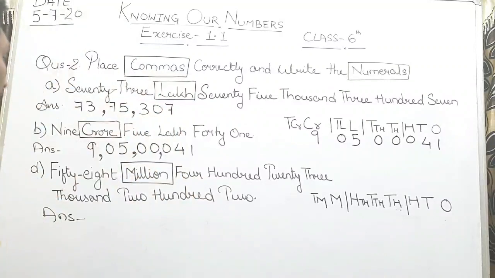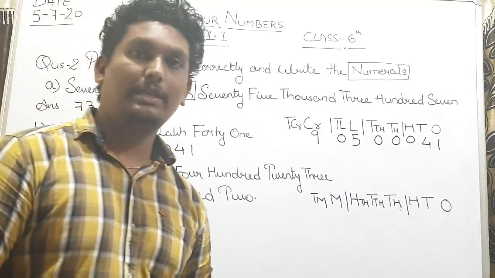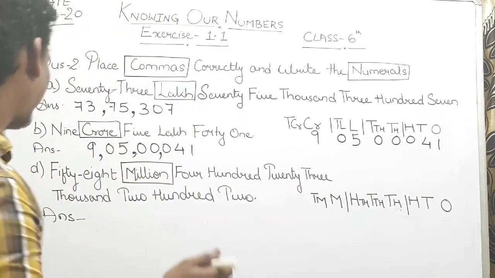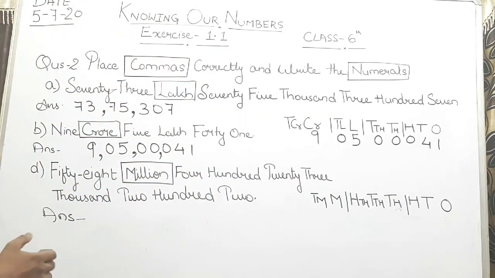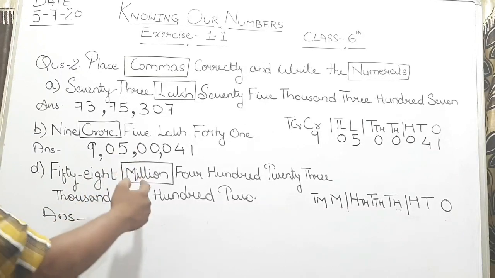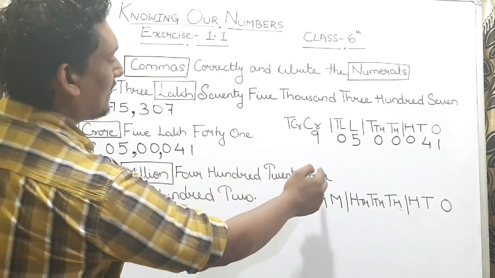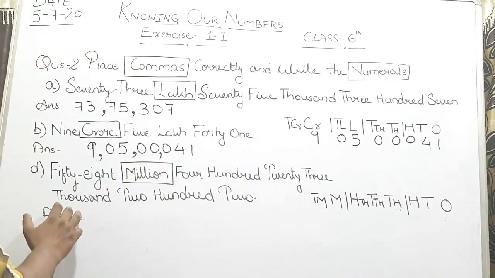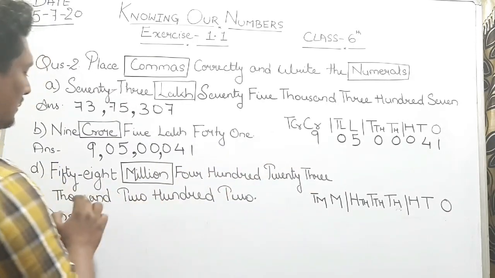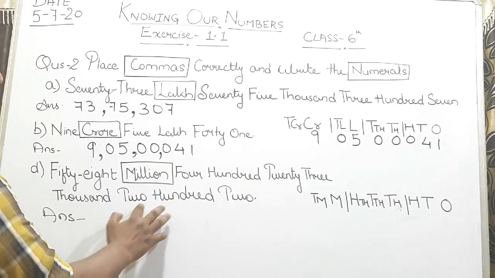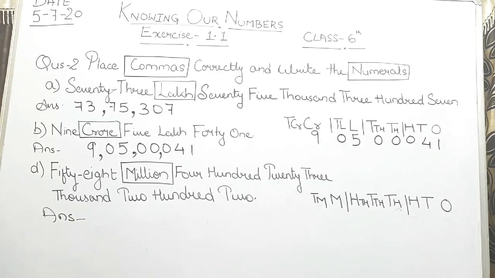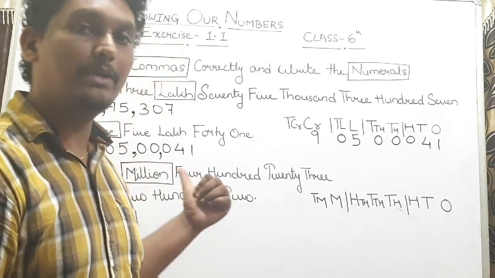Okay. Now come to question number D. Not C, it's D, right? So in question number D, 423,202. This is the question, right? So first we have to find out in which system it will come.